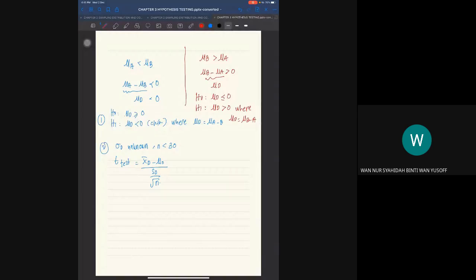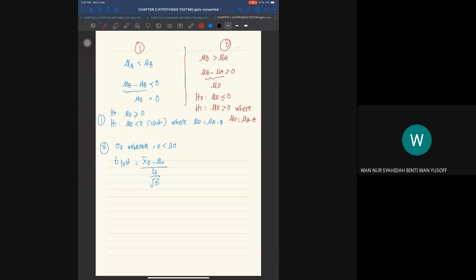Okay, step 2, this is our first hypothesis, second hypothesis. So step 2, you will get similar value, the difference is on the sign. One of them you will get negative theta, and one of them you will get positive theta. But at the end, decision and conclusion must be similar for both hypotheses. If you get different, then something is wrong somewhere.